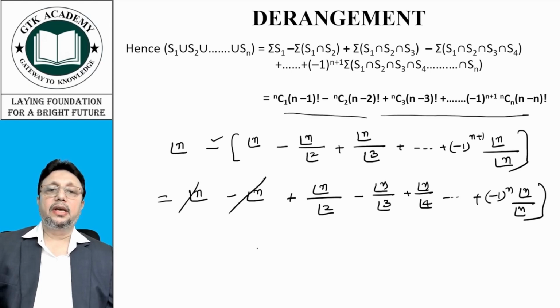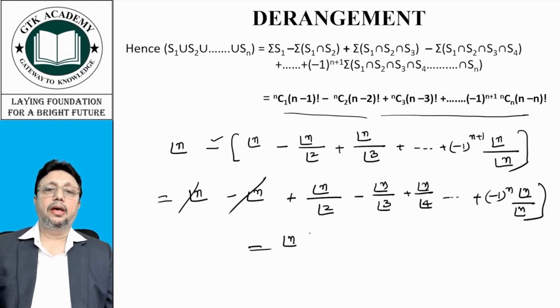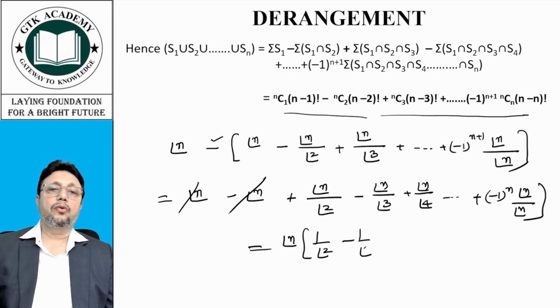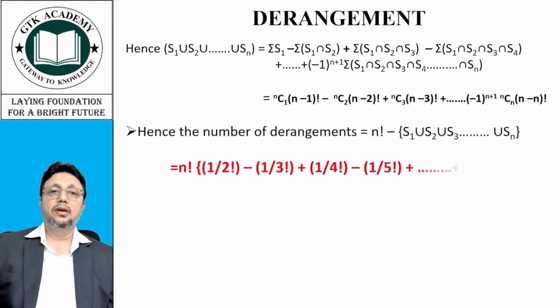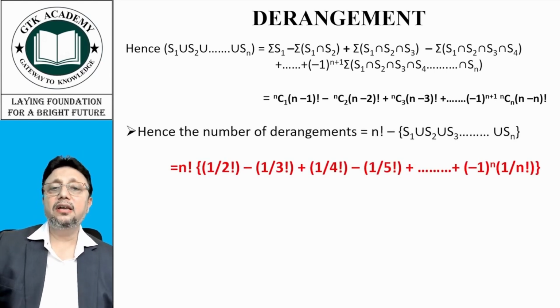Now take factorial n as common, 1 upon factorial 2 minus 1 upon factorial 3 and so on. So we write this formula like this. I hope it is clear, the derivation part.